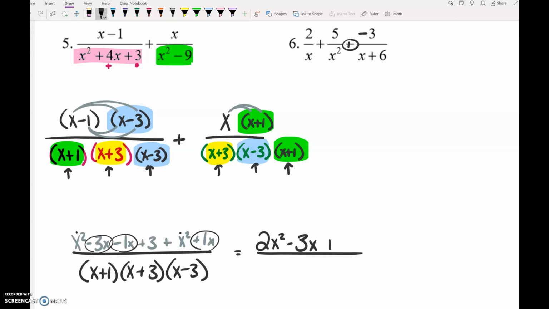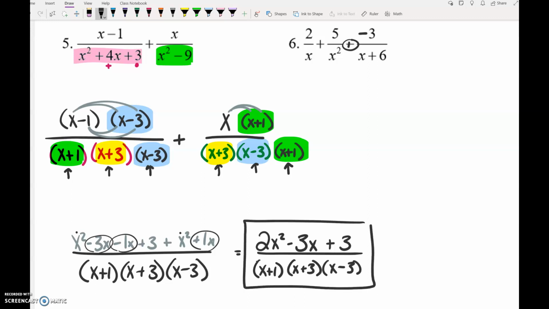And then I've got a plus 3, and my denominator is whichever order you want these in, x plus 1, x plus 3, x minus 3. That would be my final answer. We aren't yet going to do problems like number 6, so I'm going to skip number 6 for right now just to keep this video as short as possible. So get to work on 7.4 worksheet A, which is worksheet 6.